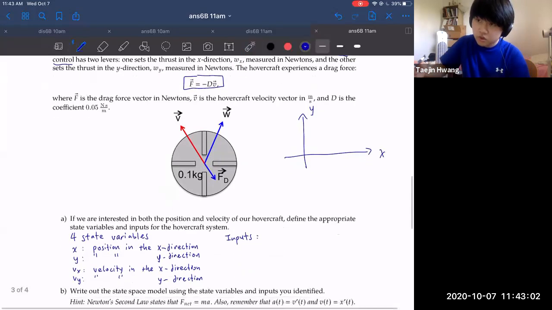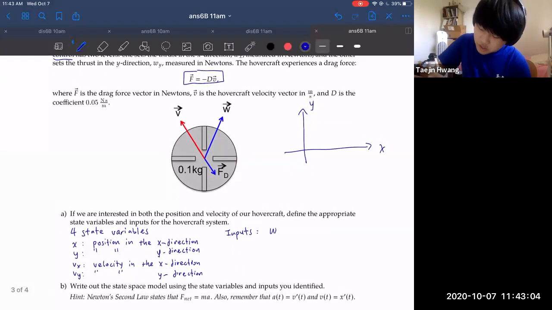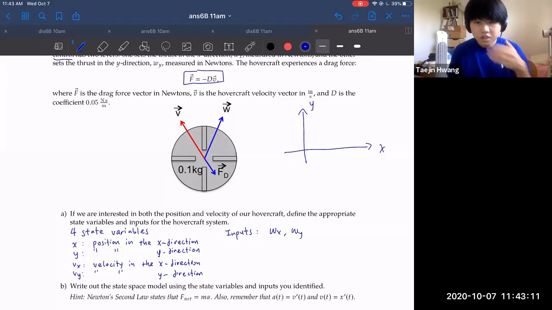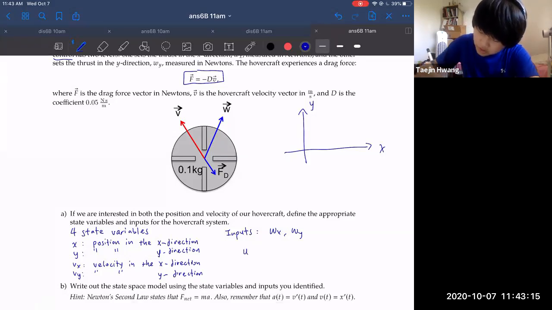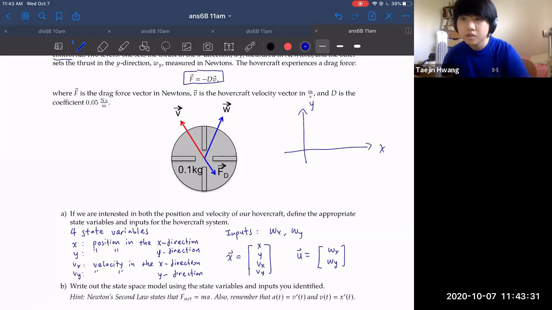So I think picking Wx and Wy as our inputs will be a good choice. And if we were to put this in a vector format, let's define a state vector X, which contains x, y, Vx, and Vy. So this is our full state vector. And then our input vector U is going to be Wx and Wy.